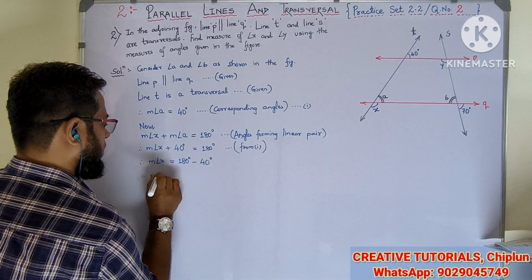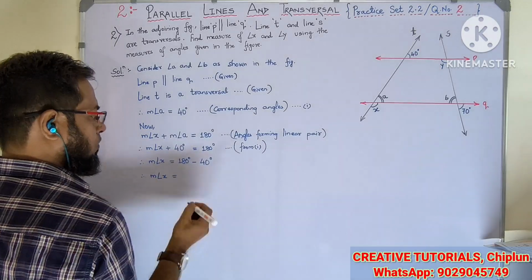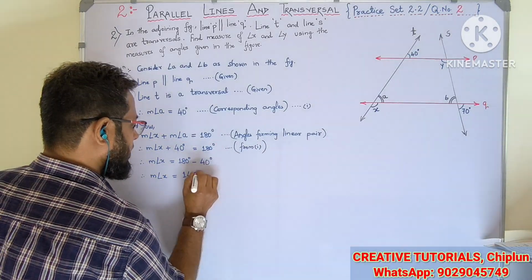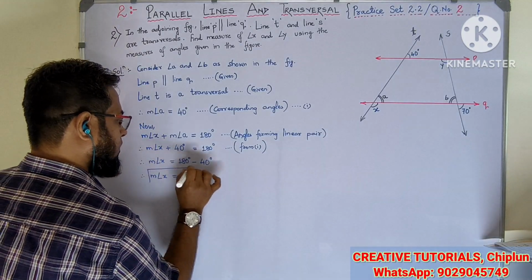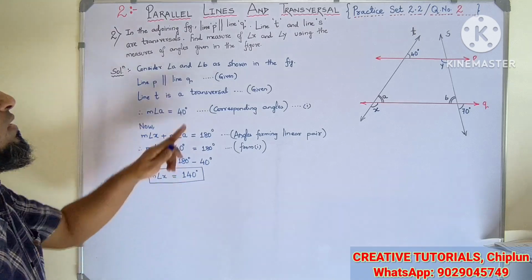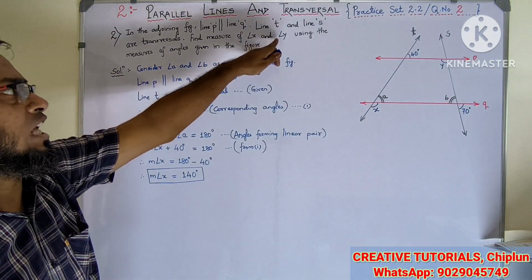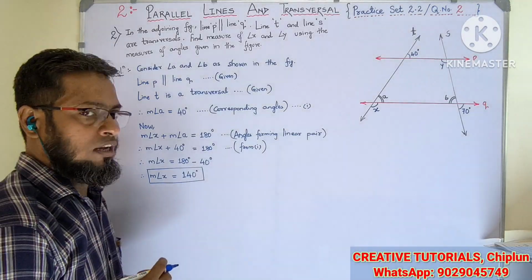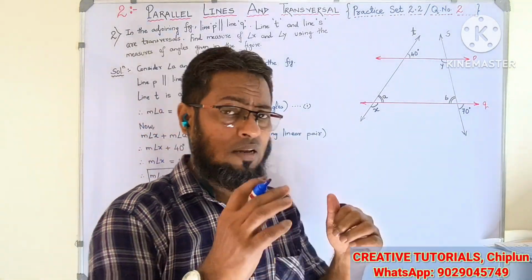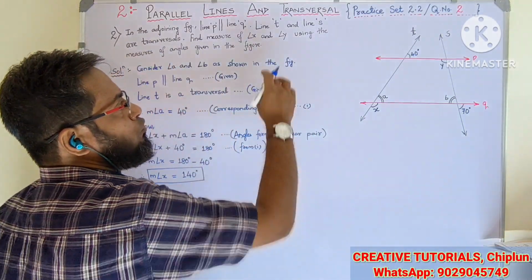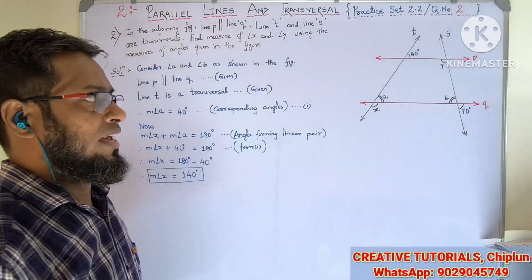Therefore measure angle X is equal to 180 minus 40, which is 140 degrees. So you see, we have got our first answer. They are asking us to find measure of angle X and measure of angle Y, of which we got measure angle X equal to 140 degrees. That means one part of the question is tackled. Now is the time to find the value of measure angle Y.